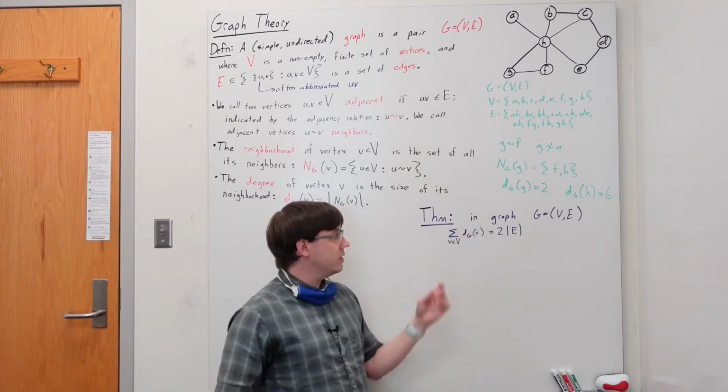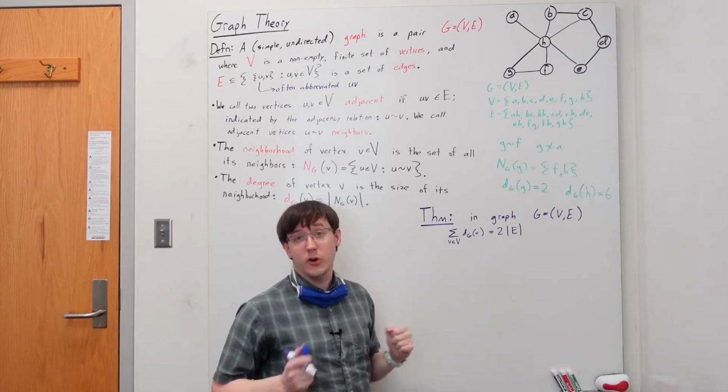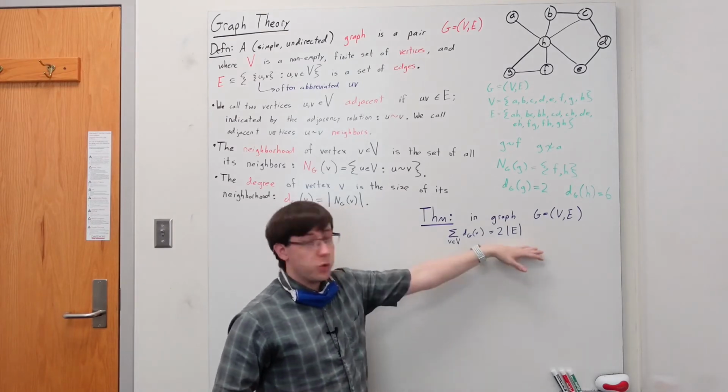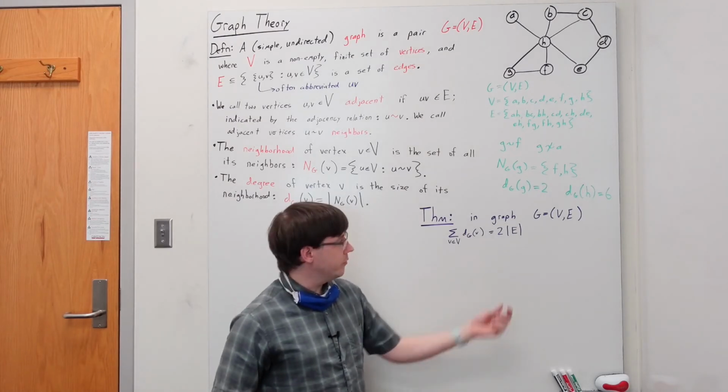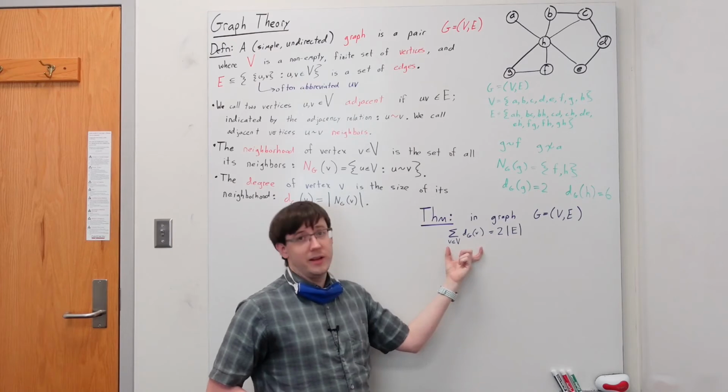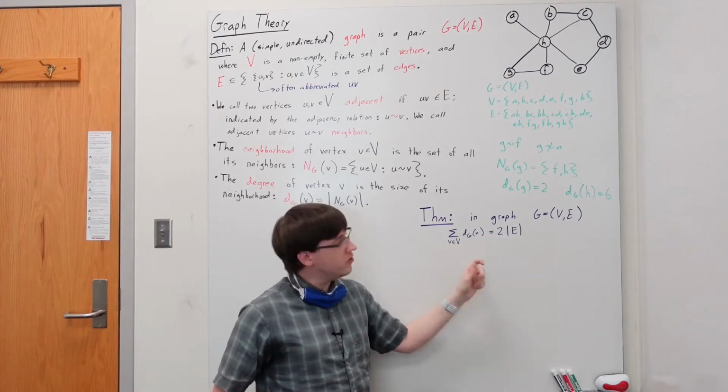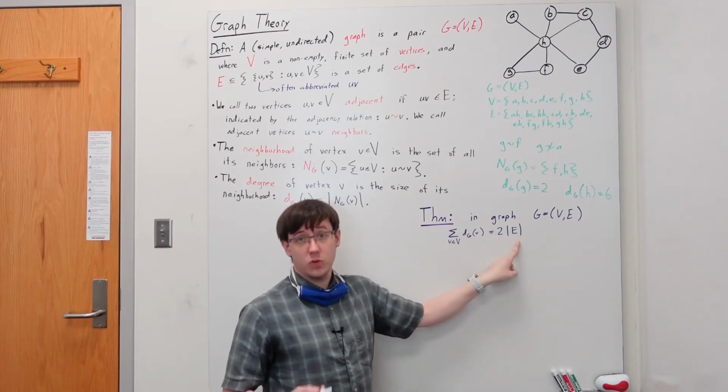I claim that the sum of degrees in an undirected graph is twice the number of edges. And we can give a combinatorial proof. We want to argue that this sum is counting every edge twice.